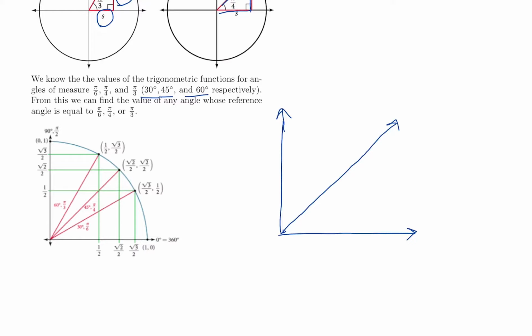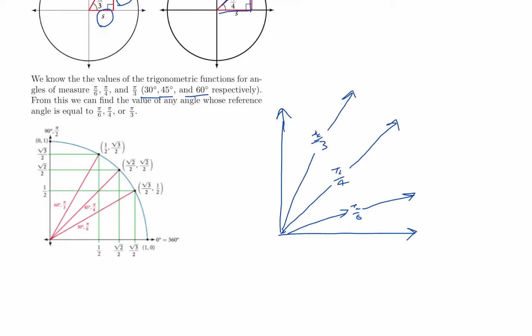Again, if you don't understand, let me write pi over 4. Pi over 4 is in radians. Again, we need to understand angle measured in radians without relying on degrees, as we talked about in module 2. So there's pi over 4, and here is pi over 6, and here is pi over 3.